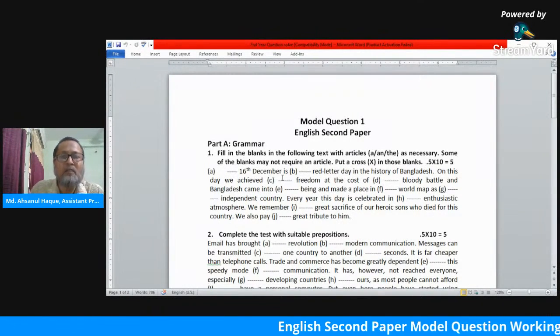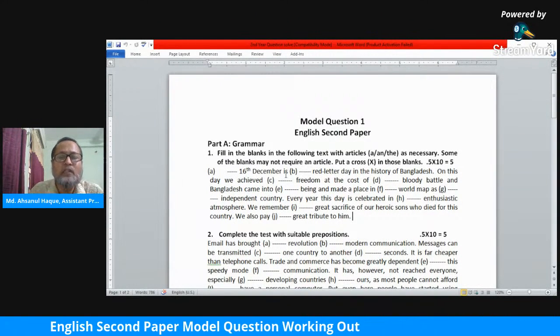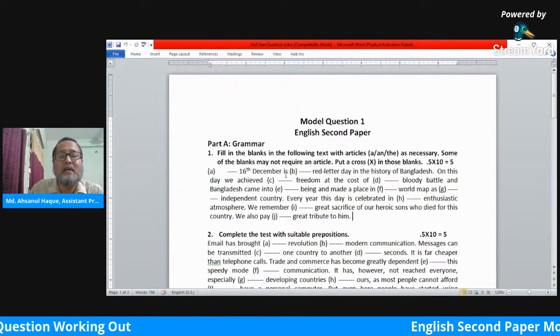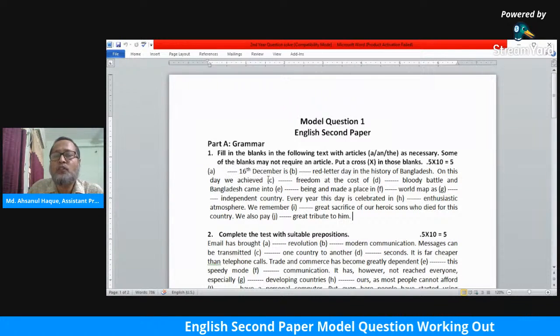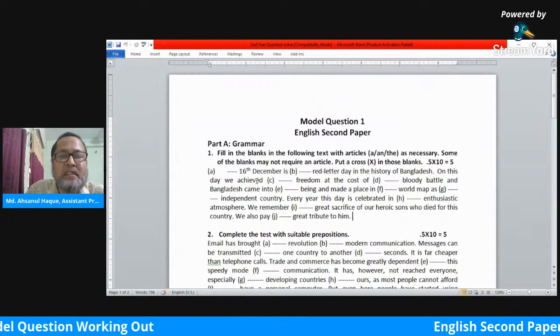I think I have got the point because the passage is very much easy to understand. Words are quite easy, lines are simple. So as per the clues to solve the question, we have to do dash 16 December.